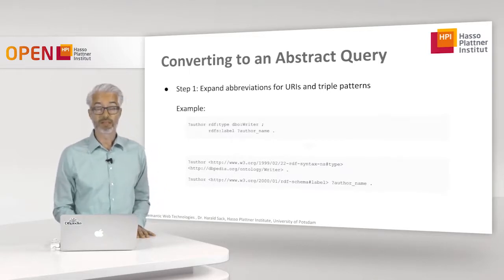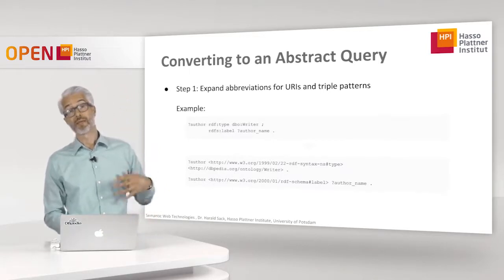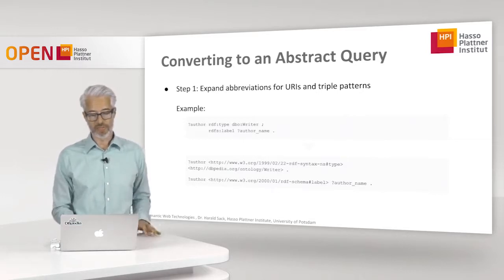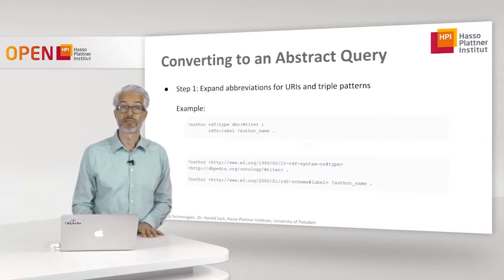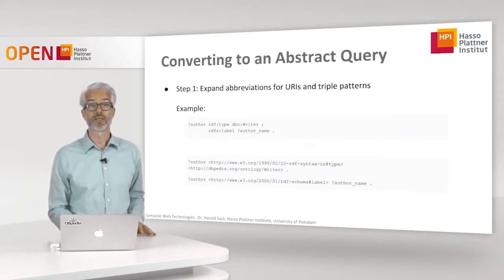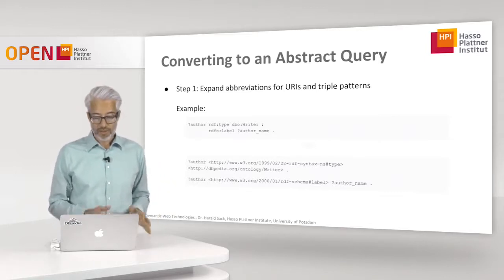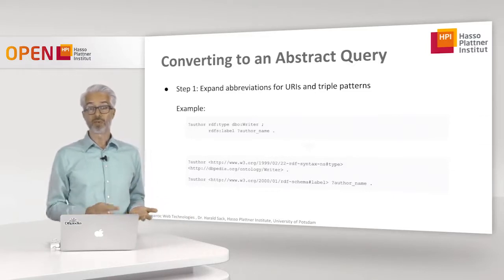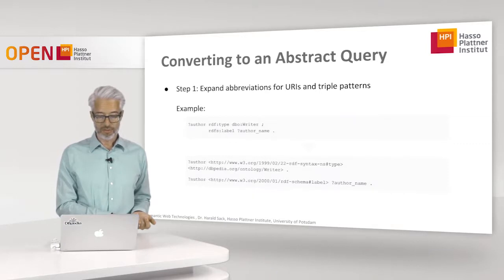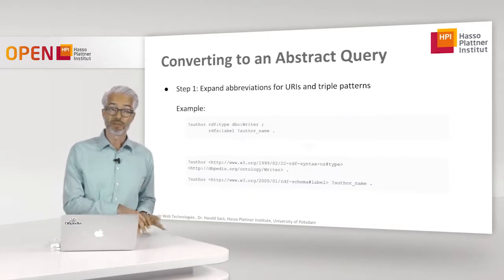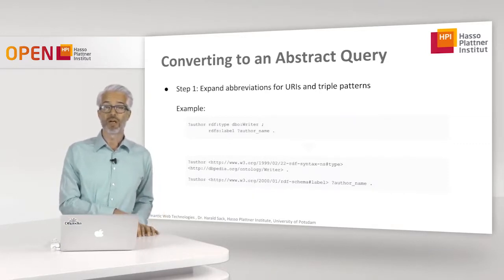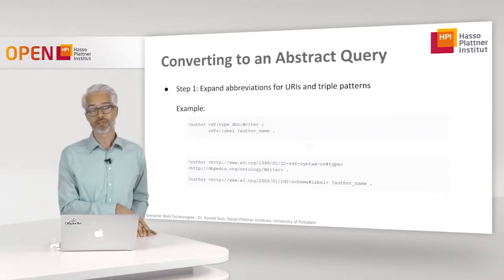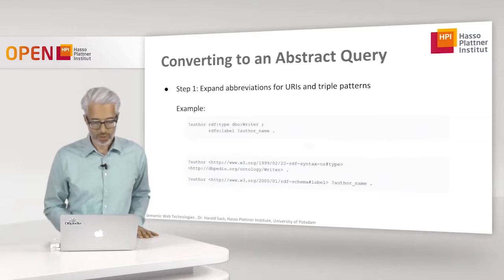You see here an example of triple patterns like they might occur in the where clause. So you have here author is of type writer, and then this ends with a semicolon, and then the author has the label author name. So we easily expand that. Usually we need the prefix definitions for that. Then we substitute all relative URIs with the help of the prefixes we find, and with the help of the base directives and everything else that might be available.